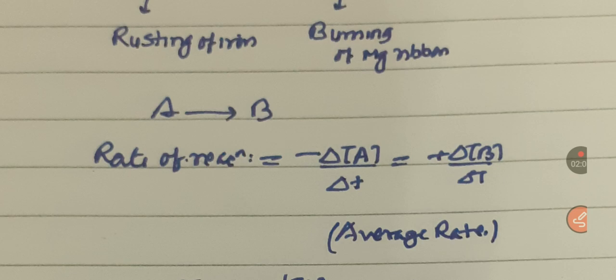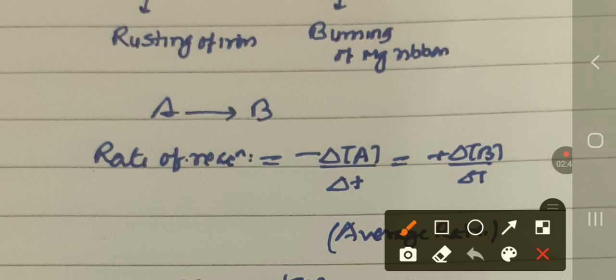So when we talk about large change in concentration of the reactant and product with respect to large change in time, then we have minus del concentration of A by del T equal to plus del concentration of B by del T. Here you can see that the negative sign shows the decrease in the concentration of the reactant is taking place, and positive sign shows increase in the concentration of product is taking place.